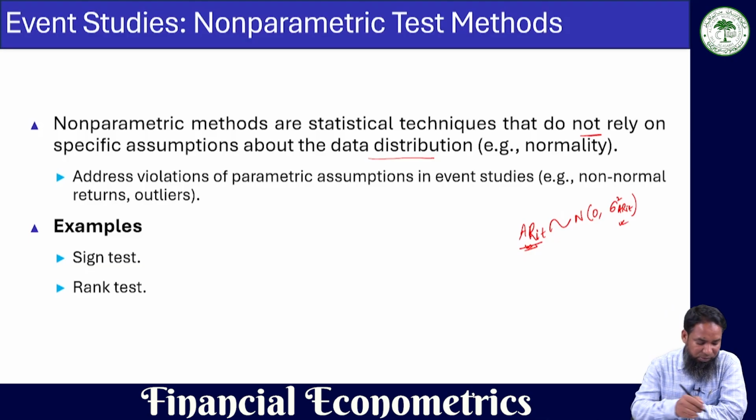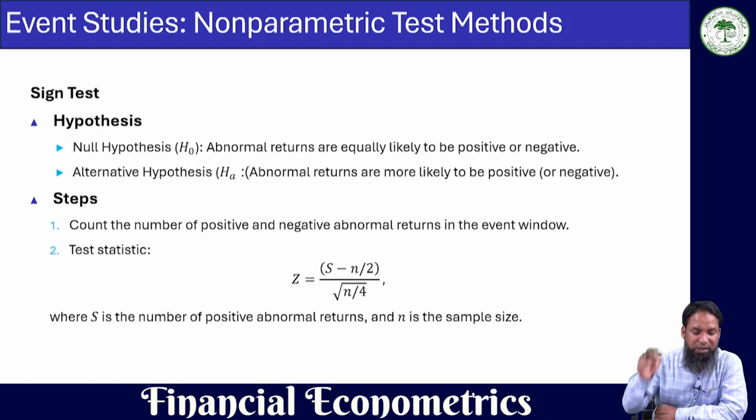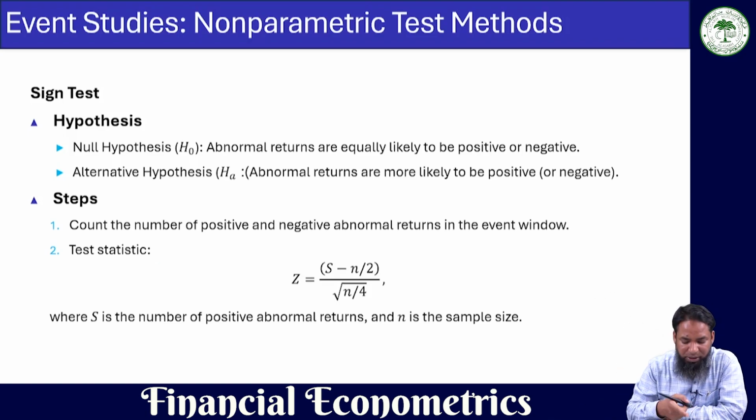In this category, we have two tests, for example, the sign test and the rank test. In case of the sign test, what is the null hypothesis we have? Abnormal returns are equally likely to be positive or negative. The alternative hypothesis is that abnormal returns are more likely to be positive or negative.